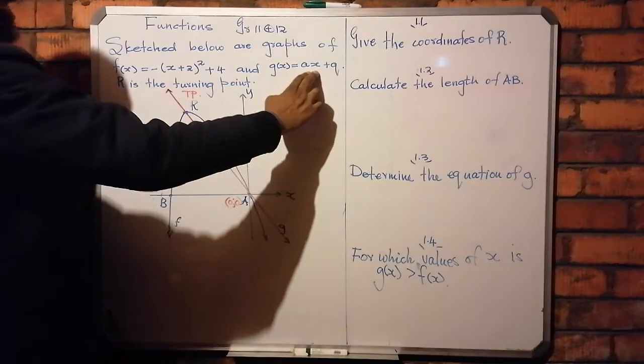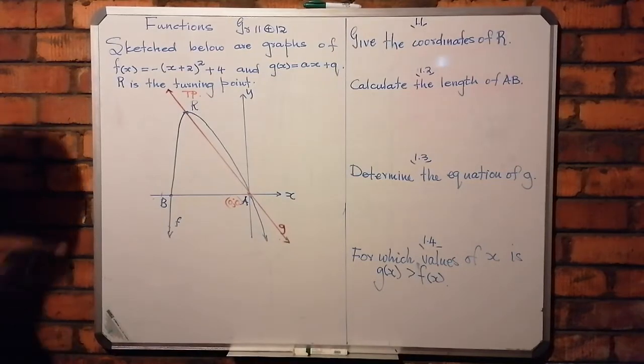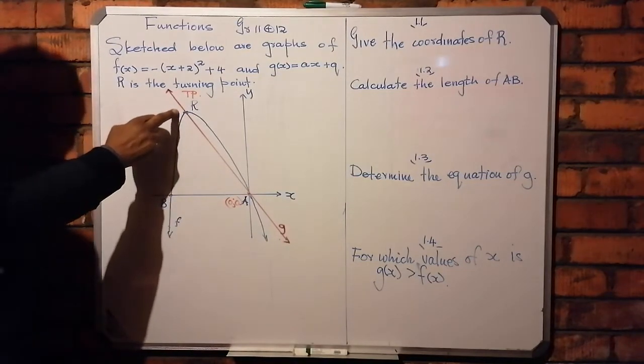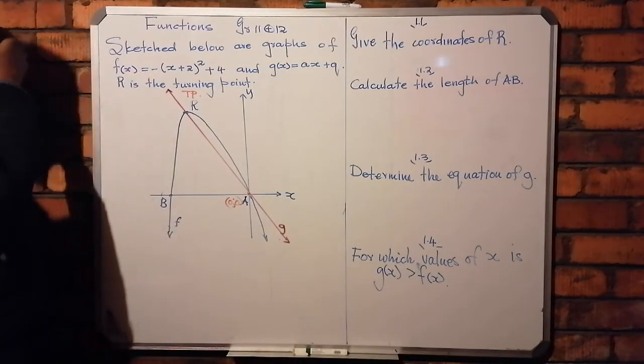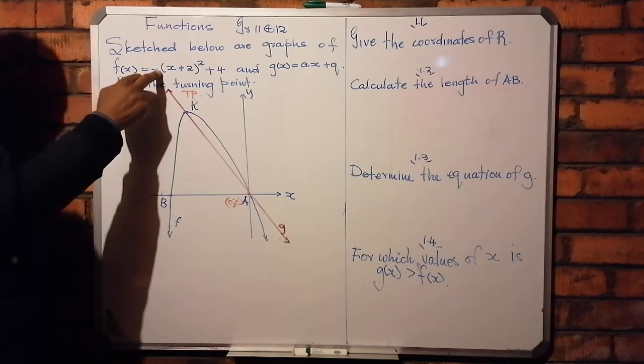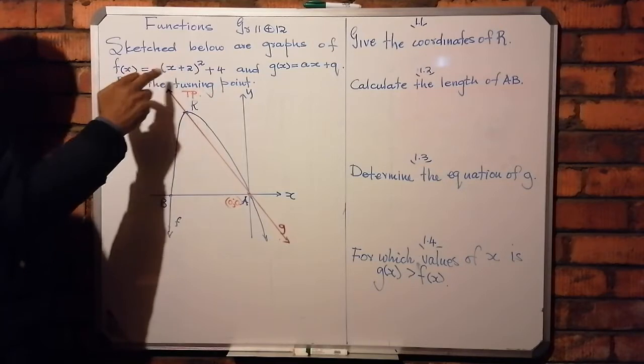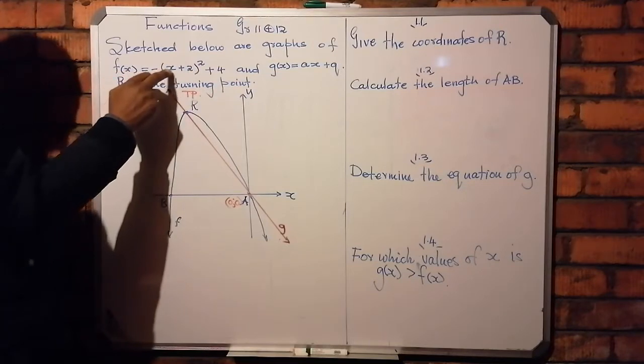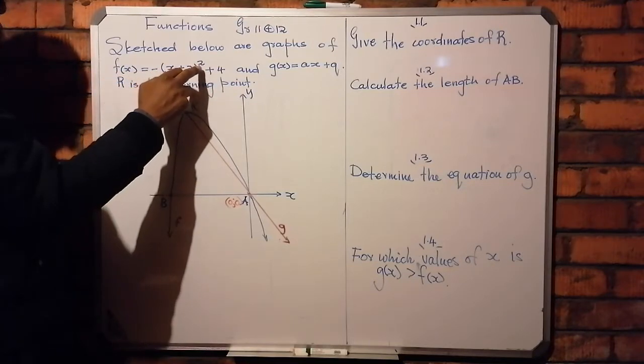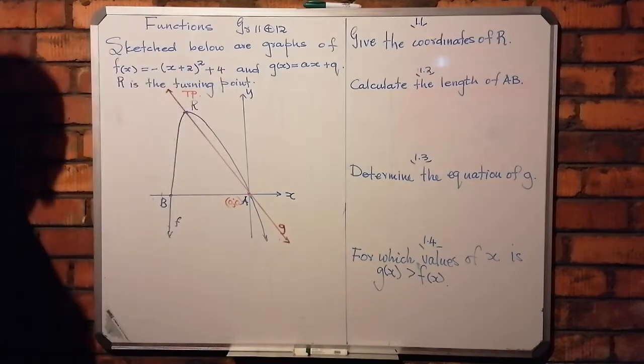Now, the straight line we know nothing about, but the parabola is written in the form a into x plus p all squared plus q.